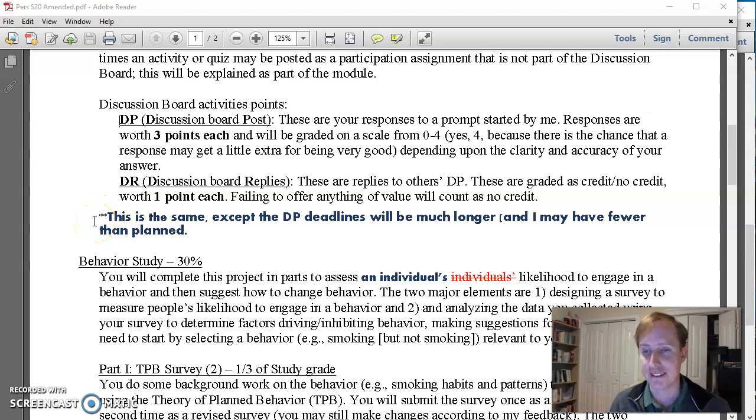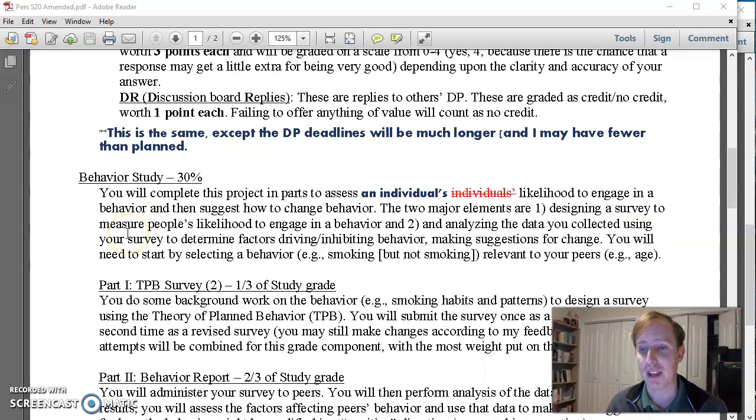It lets you know, for instance, that the discussion board participation really isn't changing a whole lot, except that the deadlines are probably going to be longer, and I may end up having fewer than I had planned. So that might be a change you end up seeing. Otherwise, it's going to stay pretty much the same.